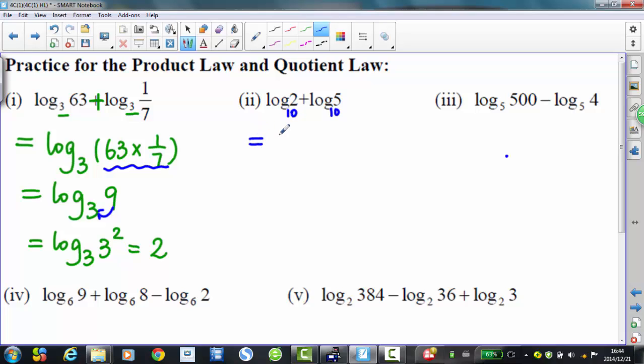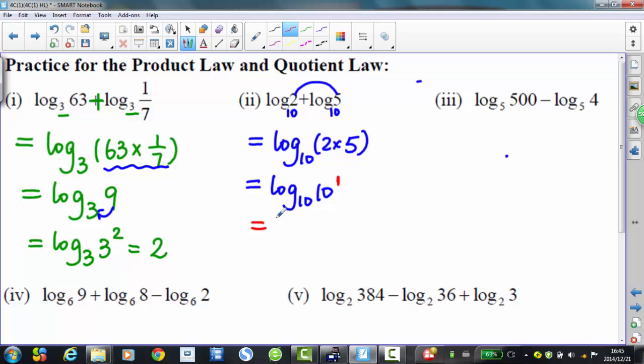However, if we use the product law, we multiply the arguments, 2 times 5. We will find that the product is 10 and the base is 10, and this is 10 to the power 1. So I know the value is just the invisible exponent 1. We can find the log value for log 2 plus log 5.